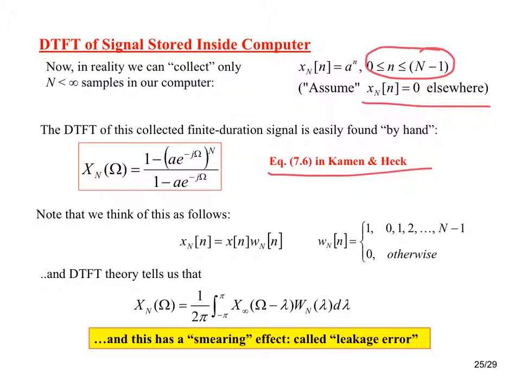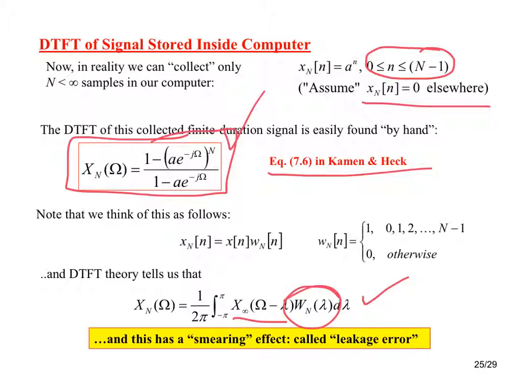And we also know that this would be the result if we took our x sub infinity and convolved it with our rectangular window's DTFT. Now, it's a heck of a lot harder to figure it out that way than it is to figure it out this way. We can figure it out this way because this is a simple textbook signal that's on our tables essentially.